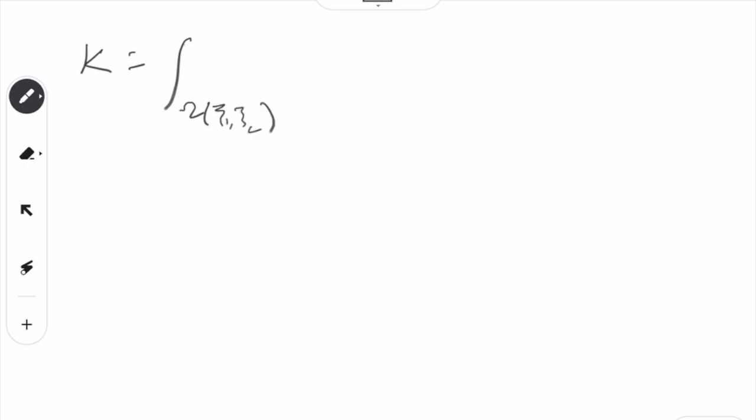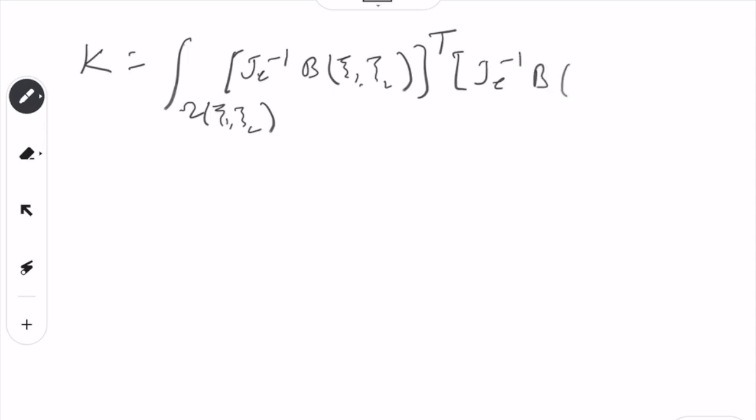So, omega is a function of xi 1, xi 2, and then we are going to write B transpose, but B transpose is J E inverse and B of xi 1, xi 2. So, transpose of that, and then we have J inverse and B of xi 1 and xi 2, and then d omega of xi 1 and xi 2.